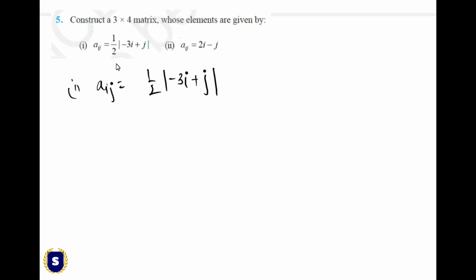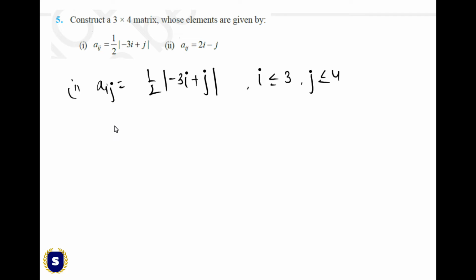Okay. So this is a matrix of the order 3 cross 4. So i should be less than or equal to 3 and j should be less than or equal to 4. We'll have 12 elements in total. Okay. Let us calculate. I'm calculating it directly.